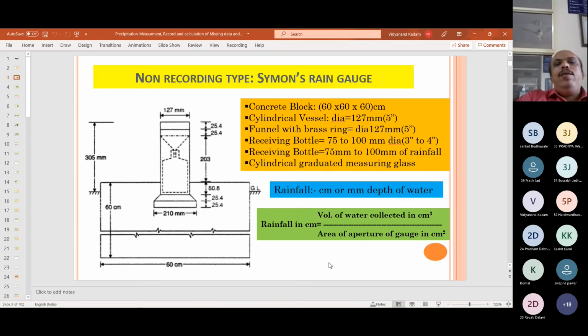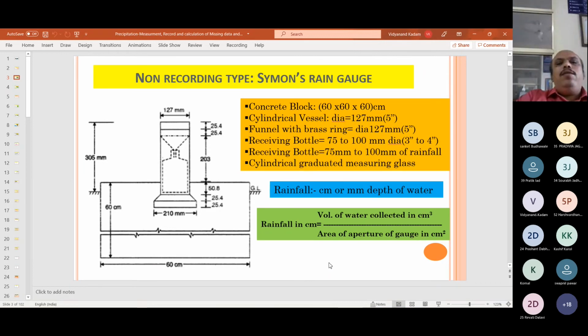This bottle has the capacity to receive rainfall up to 100 mm: 75 mm in the case of a 3 inch diameter bottle and 100 mm in a 4 inch diameter bottle. So the maximum precipitation which can be recorded is 100 mm in the case of the Symons rain gauge.